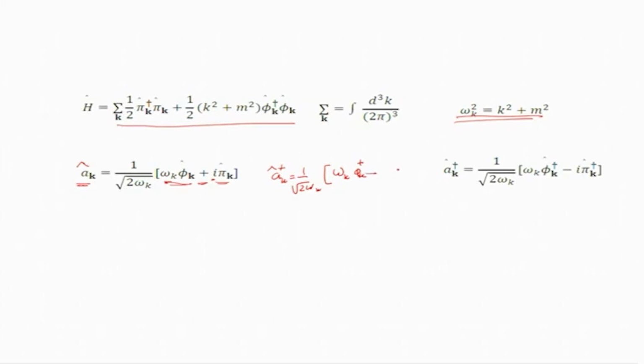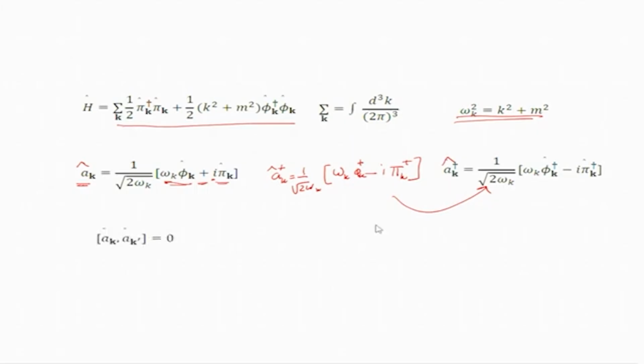So, first one, and second one, i becomes minus i because of the complex conjugate, minus pi k dagger, and this is what I got here. Okay. So, this is the adjoint operator dagger. So, we have two operators A k and A k dagger. Okay, straightforward. I mean, this is a construction, I did nothing more, I just constructed these operators given the field operators pi and phi.